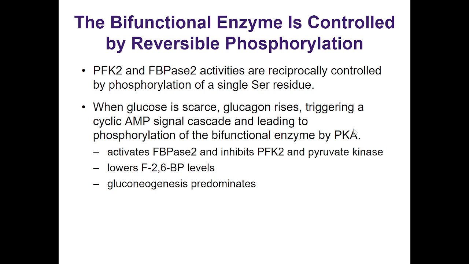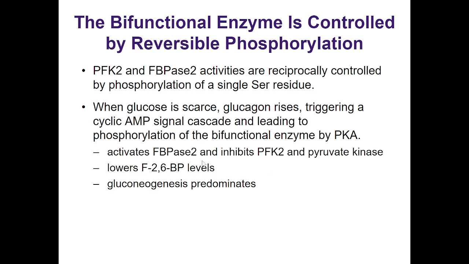So when glucose is scarce, the glucagon rises. This is going to trigger a cyclic AMP signal cascade. This is going to lead to phosphorylation of your bifunctional enzyme. This is by PKA, which is, remember, the one we commonly are looking at. Everybody's okay with that? They're kind of remembering? Okay, good deal.